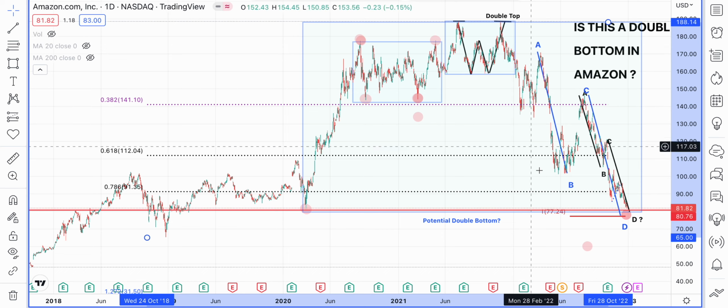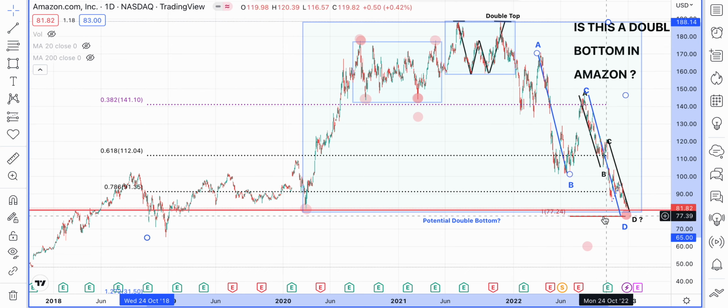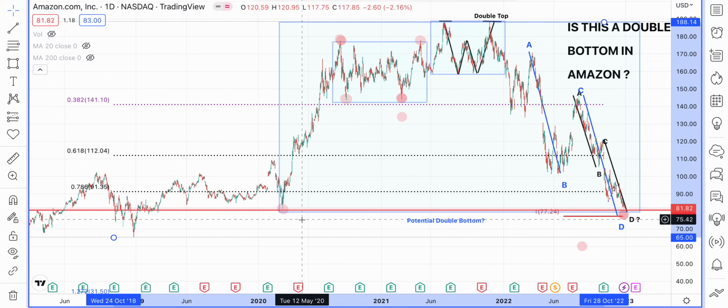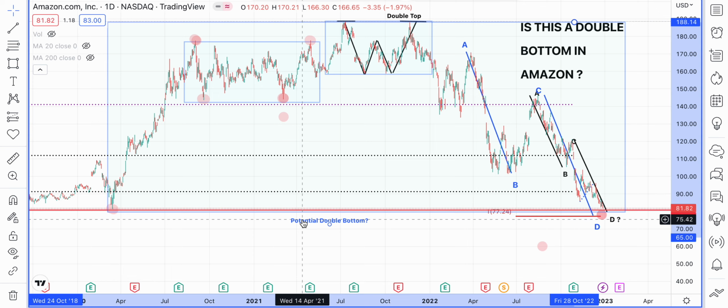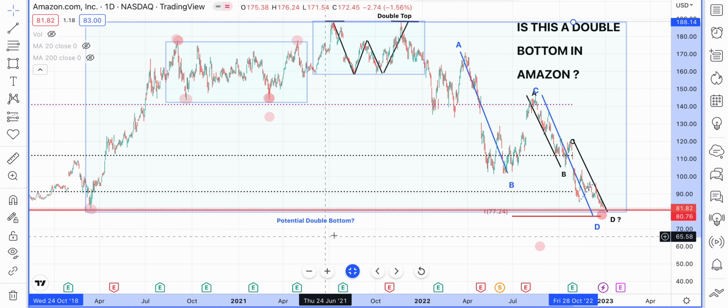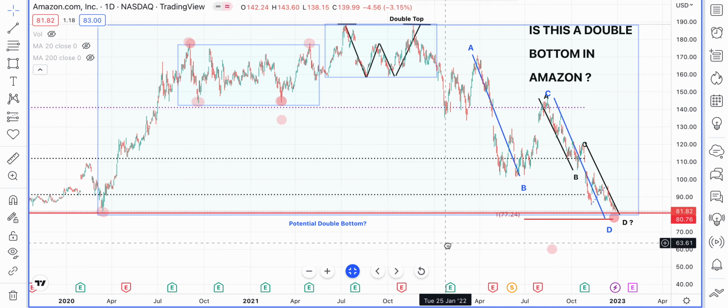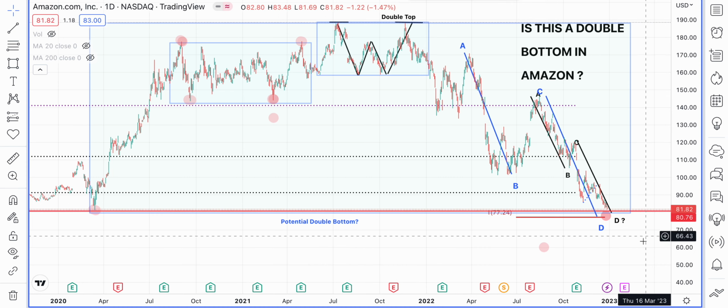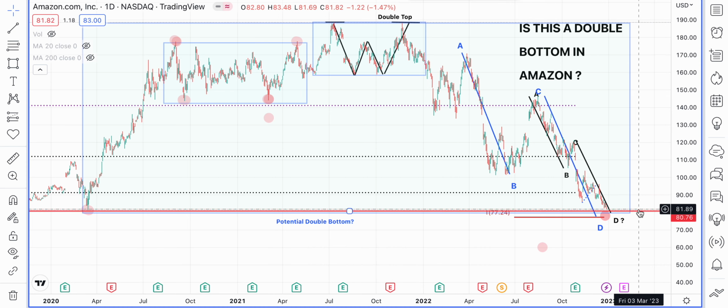But because of this completion of the ABCD and the price level we are watching here, which is the bottom of March 2020, we have to watch this price level very carefully to see whether it could be a potential double bottom and the price can in fact find good support and begin to rally from here.